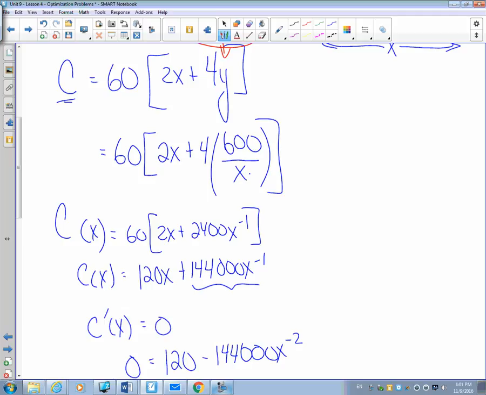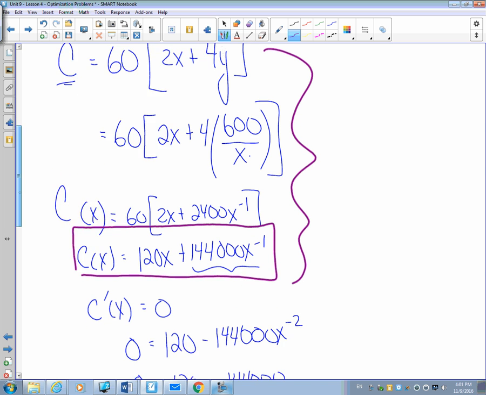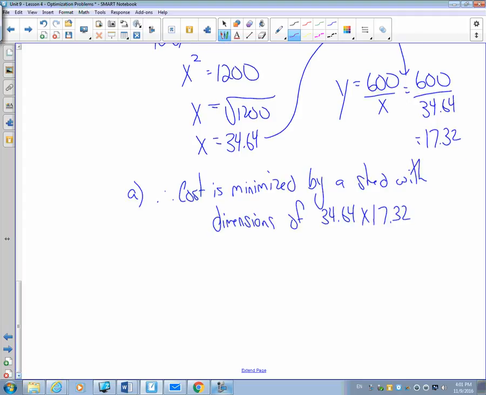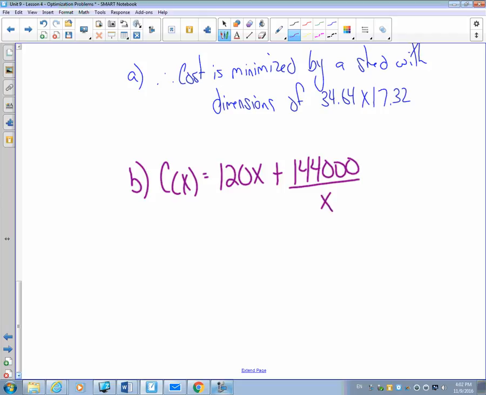Well, I have an expression for cost. Actually, a few expressions for cost. All of these are cost. So I'm going to pick one of them. I think I'm going to use the one right here. Okay, my cost with relation to x was given by 120x plus 144,000 x to the negative 1, which we know is just like saying that.